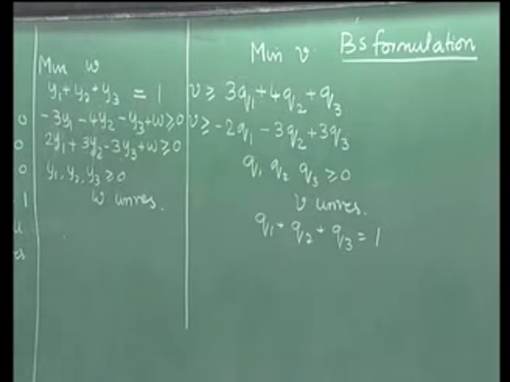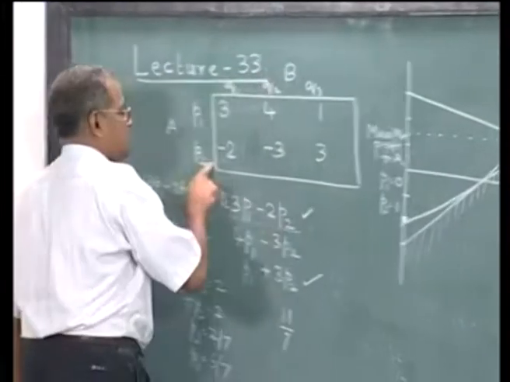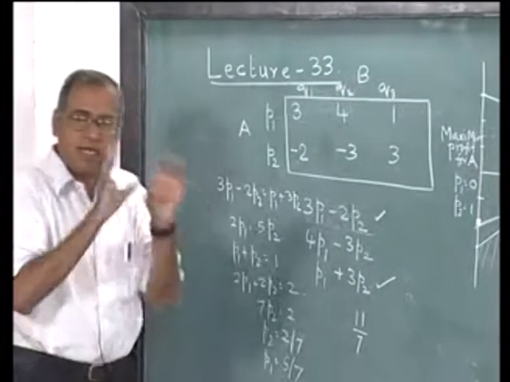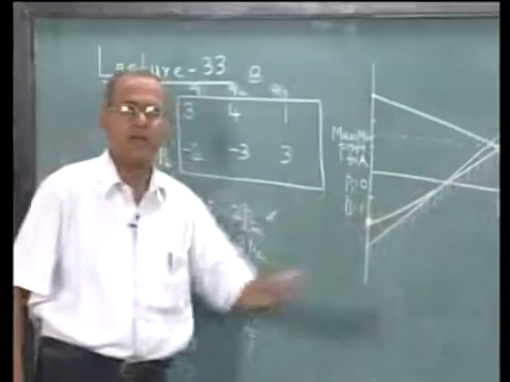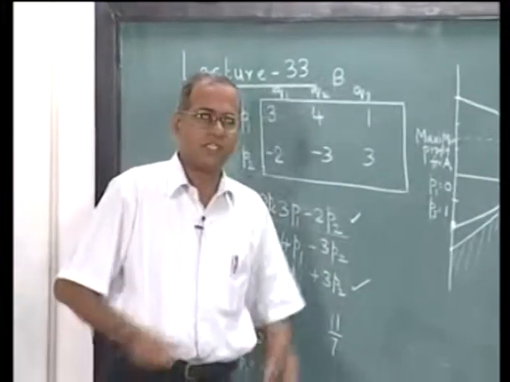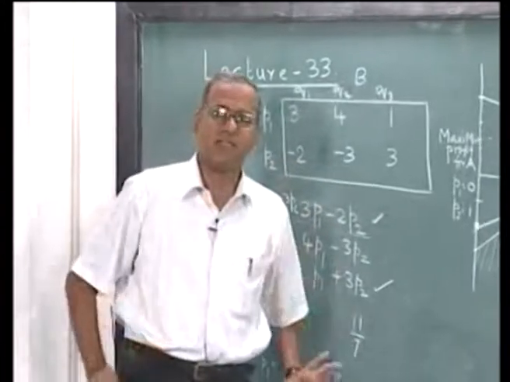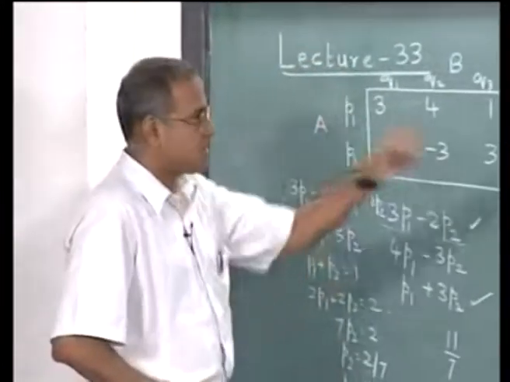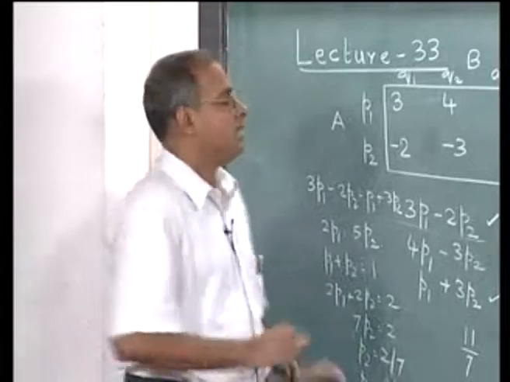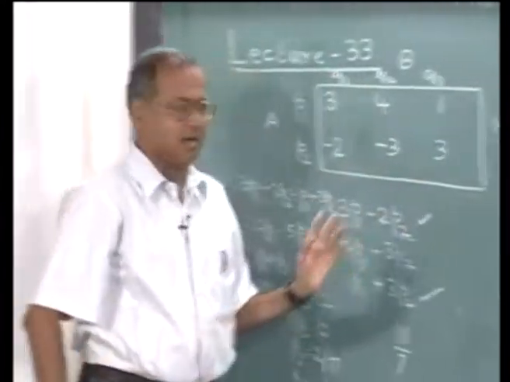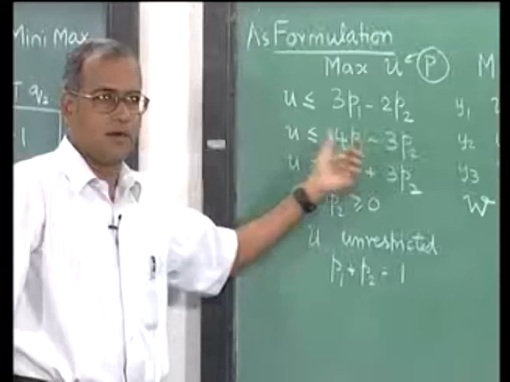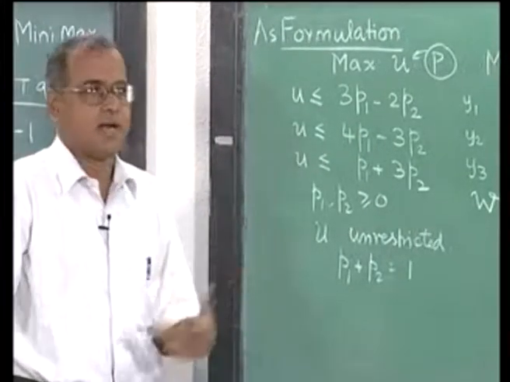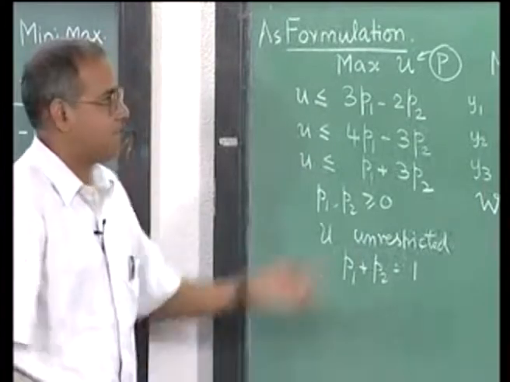So a general problem can now be, in this case we had 2 strategies for A and 3 for B. So any 2 by n or m by 2 can be solved using the graphical method for one of them, whichever person has 2 strategies. The other can be obtained by using the duality principle. If it is a general m by n, then we can formulate the linear programming problem for A or B, solve it, and then use principles of duality to get the other.